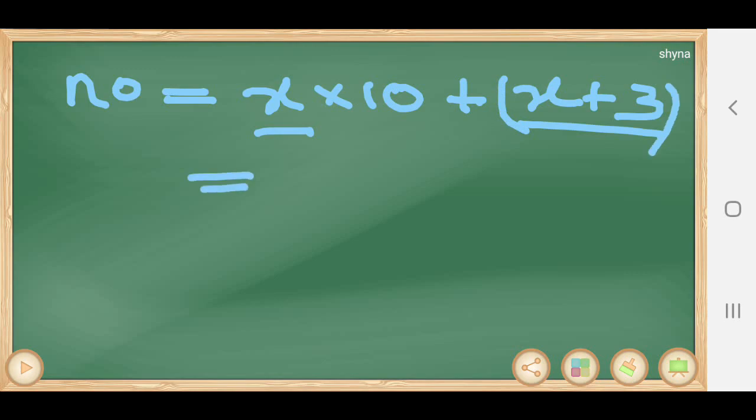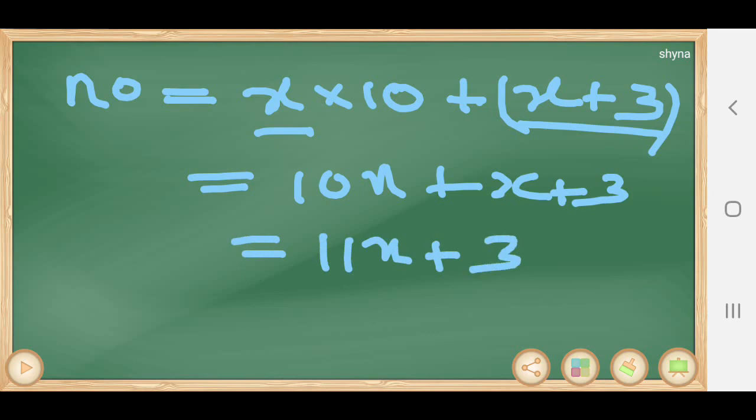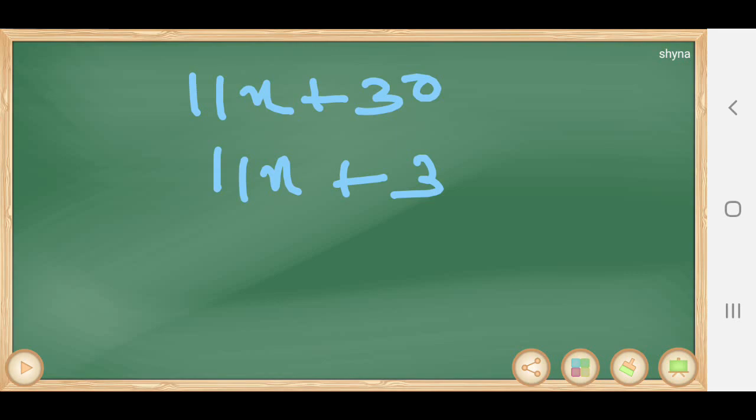So x into 10, that is 10x, plus x plus 3. 10x plus x means 11x plus 3. Now we have two numbers. First number is 11x plus 30. Second number is 11x plus 3.